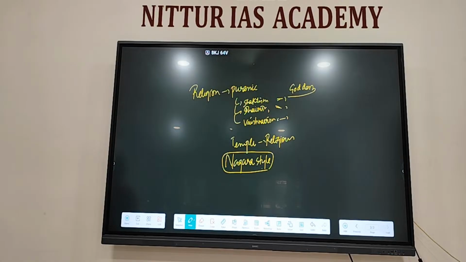Garuda coins were also found from Gupta's period.